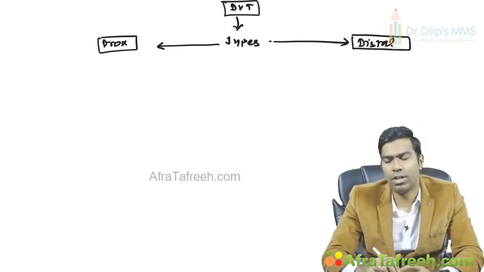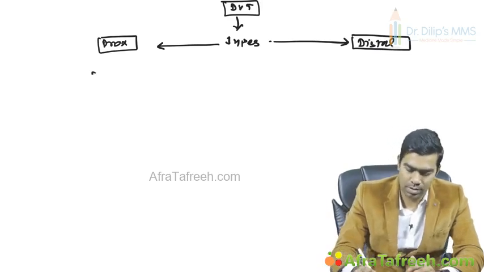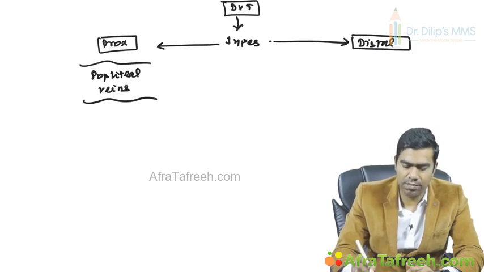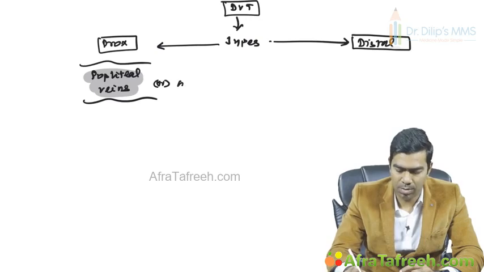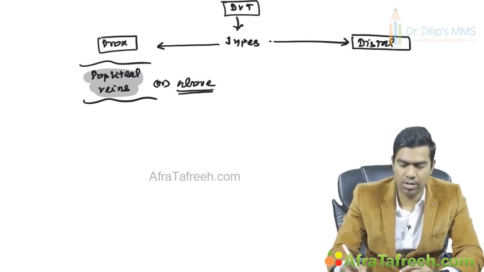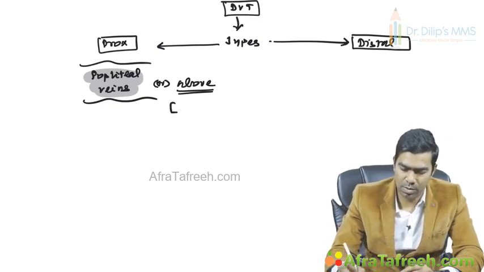When you call it a proximal DVT, the thrombus is present in or above the popliteal veins, so the popliteal vein is the landmark. If the thrombus is located in the popliteal veins or above, that is called a proximal DVT. Clear?